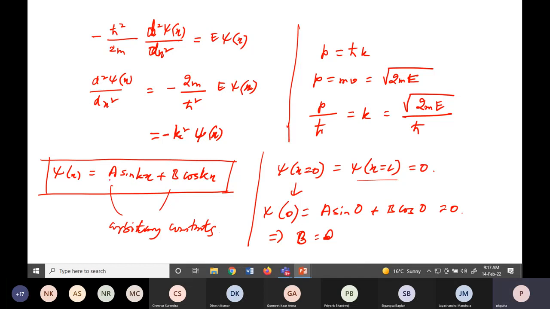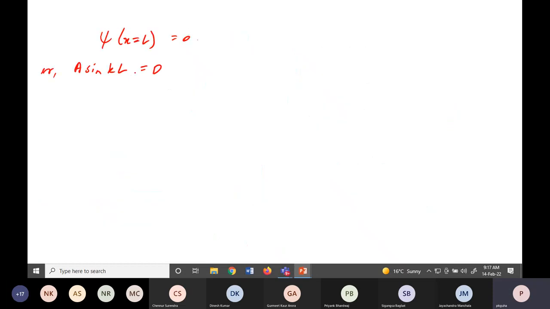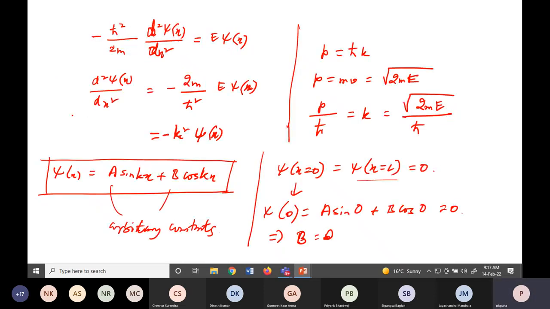So ψ(x) is equal to A sin kx, and if we say x equal to L and use this condition, A sin kL equal to 0, right? Now A can't be 0, because if you put A equal to 0, that will make things trivial, right? Then both A equal to 0 and B equal to 0. So it will give you a trivial solution. So A can't be 0.